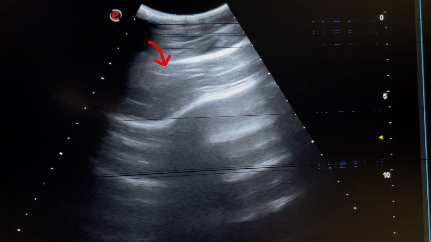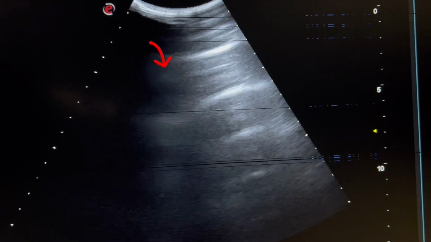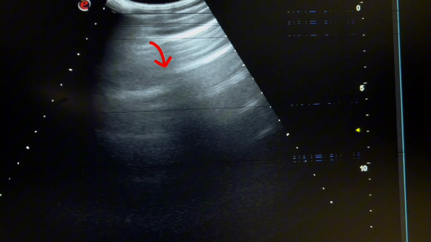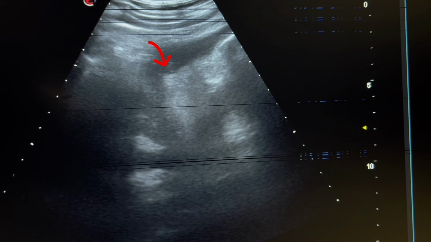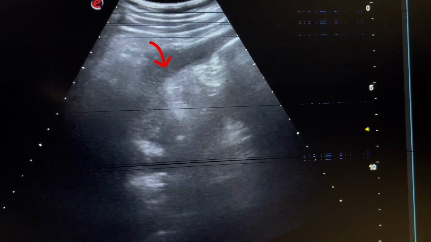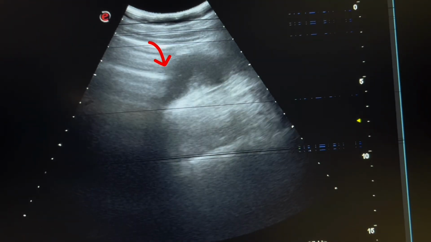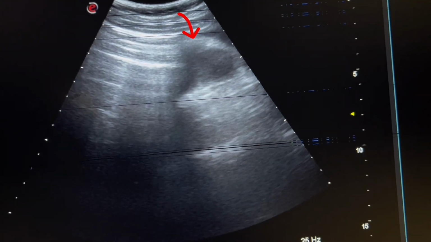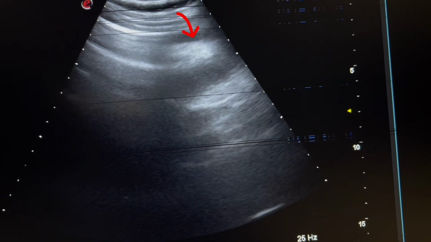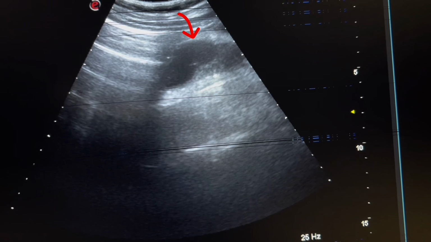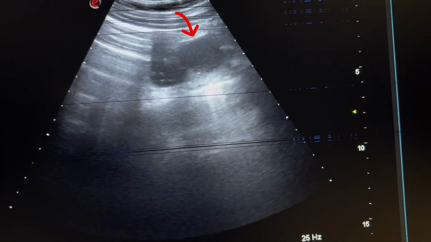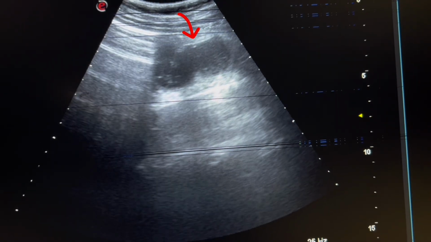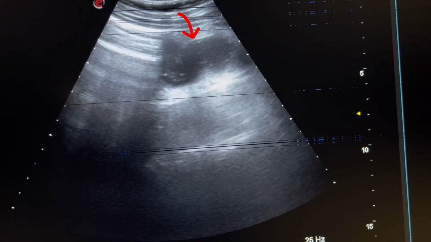Now we continue scanning the transverse colon. The transverse colon is obscured by the excessive gases in the small intestines. Here we see the splenic flexure. Minimal fluid is present in the splenic flexure of the large intestine, but no fluid movement is present.